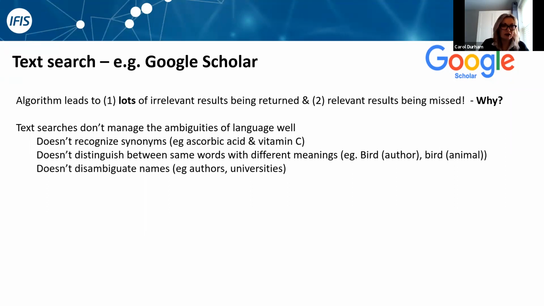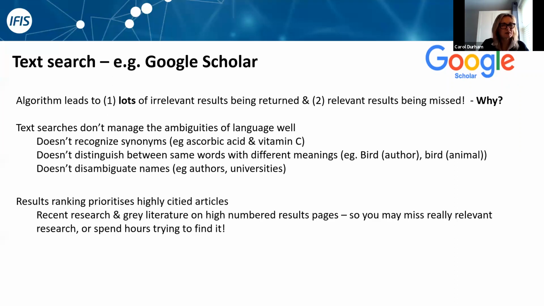They don't recognize synonyms, and they don't distinguish between the same words that have different meanings. So if you were looking for an author with the surname Bird, you will get back results relating to doves and magpies and various different animals. A text search also doesn't disambiguate names, an example being authors and universities, so you can't be very specific with a text search.